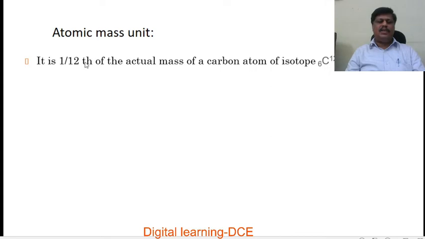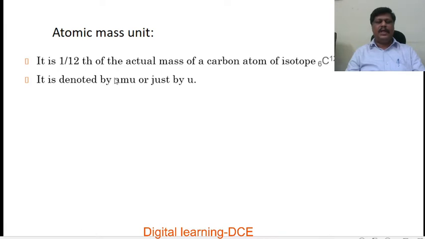One atomic mass unit is 1/12th of the actual mass of a carbon atom of isotope carbon-12. That is, one atomic mass unit is defined as 1/12th of the mass of one atom of carbon-12 isotope. It is denoted by AMU or just by u.